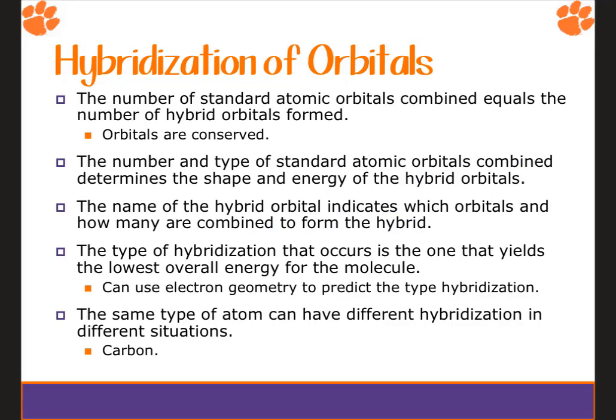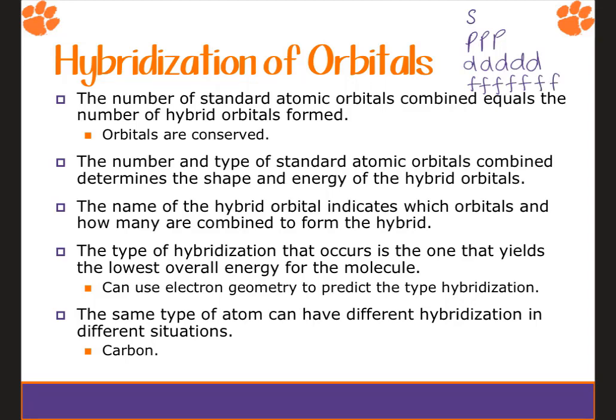So when we talk about these hybrid orbitals, we cannot forget about our atomic orbitals. It's all going to go back to the s, the p's, the d's, and the f's. So remember, when you draw your electron filling diagrams, you always draw one s orbital, you draw 3 separate p orbitals, you draw 5 separate d orbitals, and even though we're not really going to go that deep, you draw 7 separate f orbitals.